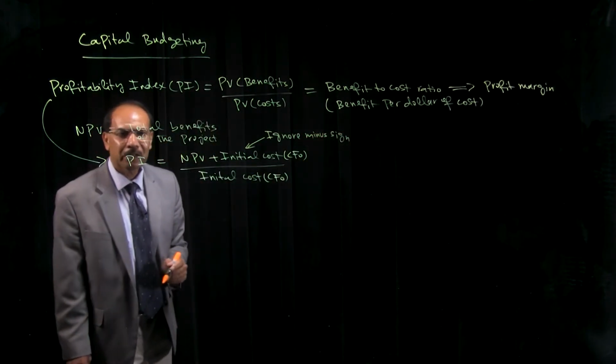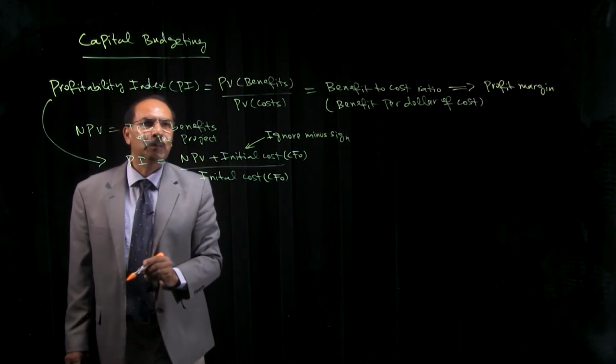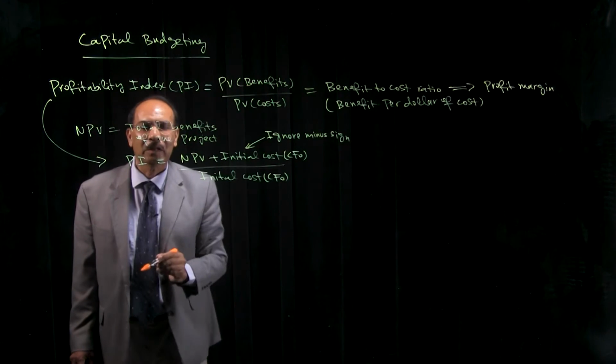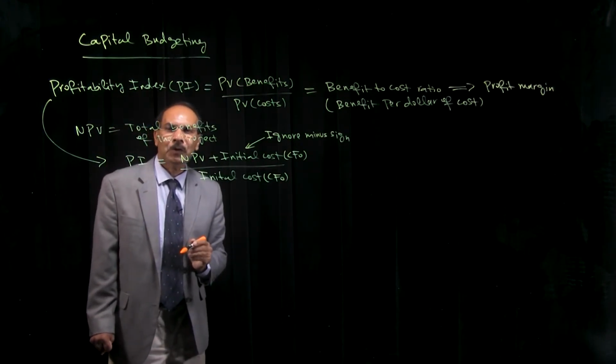Similarly, you divide by the initial cost. Well, it turns out this way of calculating PI is going to be exactly the same as the profitability index, present value of benefits divided by present value of cost.